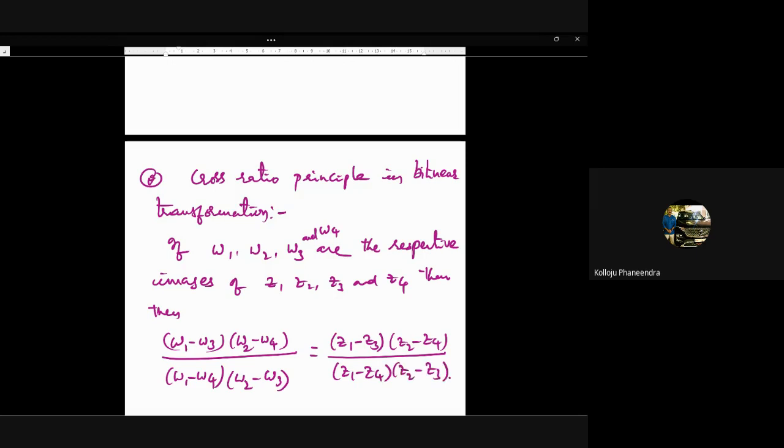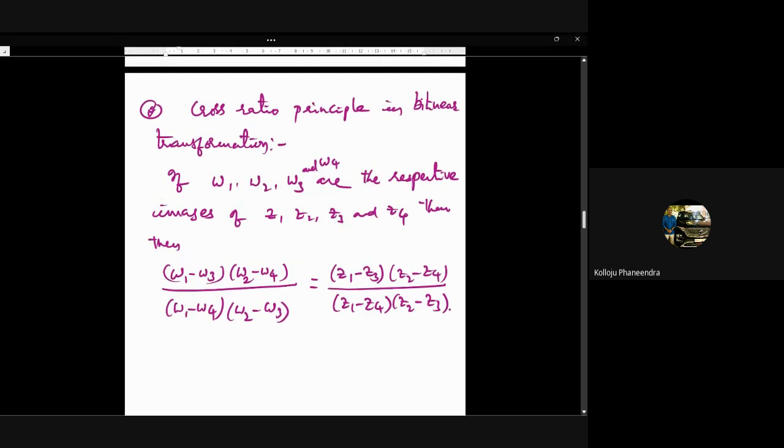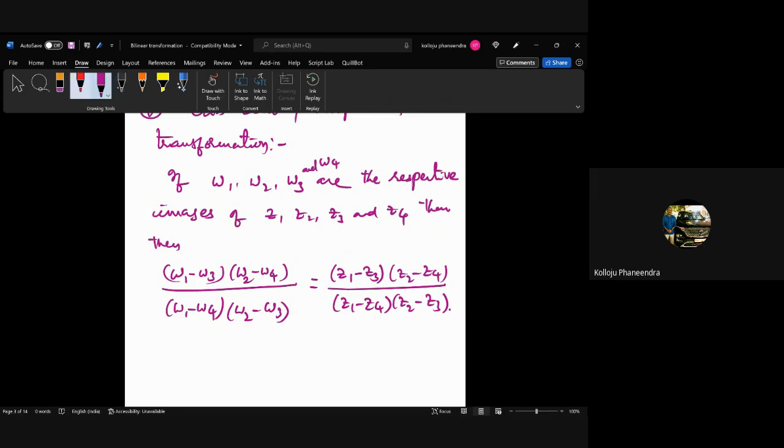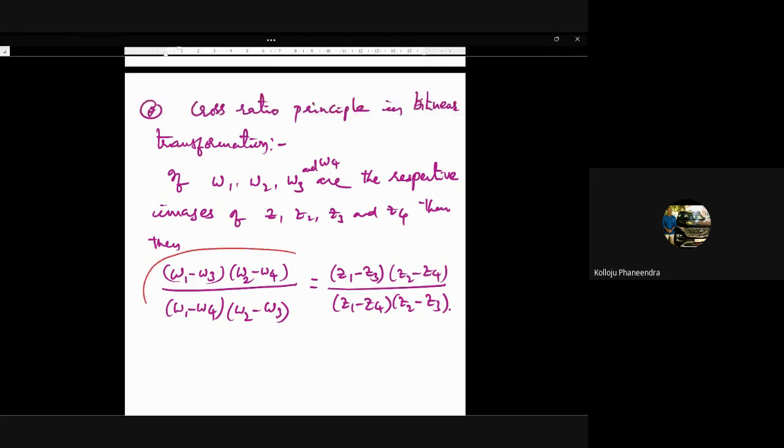Just replace the W's by Z's. This is the cross ratio principle. That means the cross ratio is invariant under the bilinear transformation. You remember this principle.